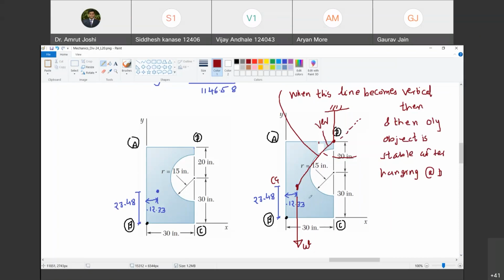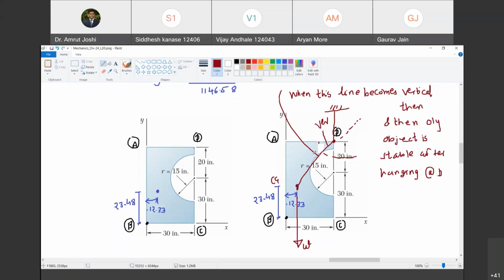Yes, sir. Now tell me, what is the angle made by line AB with reference to this line? Look, this line is vertical. So the angle AB makes with it, that is the angle made by line AB with what do you say?